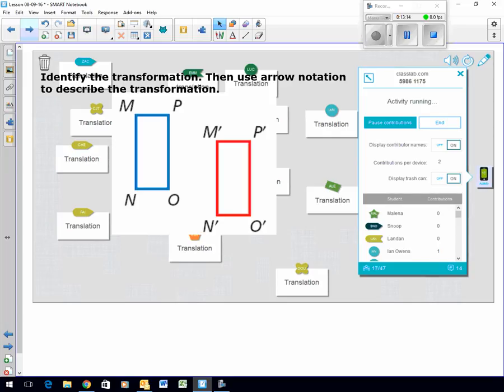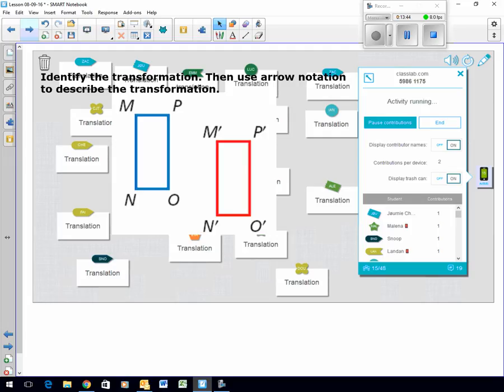Everybody see that from our pre-image to our image, we slid to the right and then down, or we slid down and then to the right. If I put those letters as coordinate points, right? -4, 6, correct?